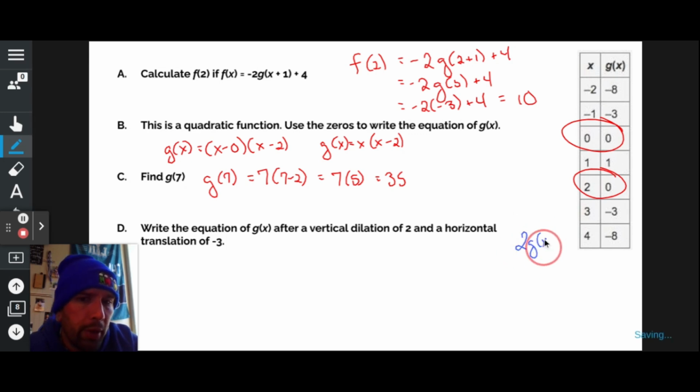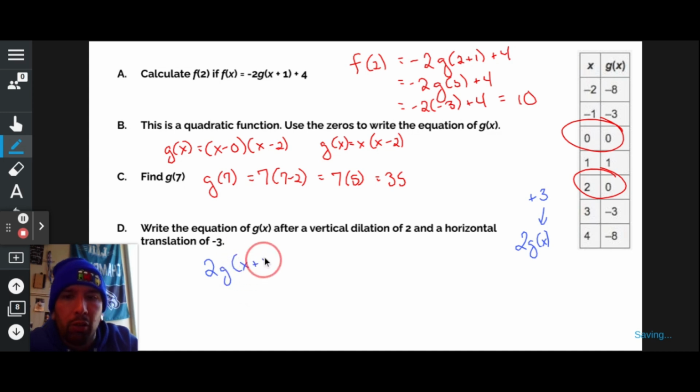And then after that, we are going to translate it horizontally, negative 3, which means I'm going to add 3 inside the parentheses. So putting that all together, 2 times g of x plus 3. Okay, g of x was this guy.